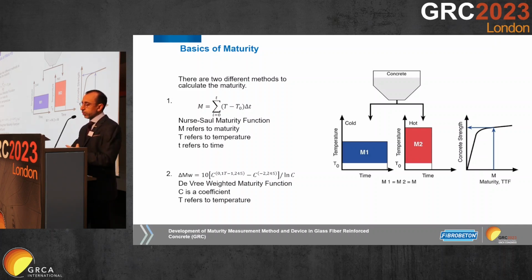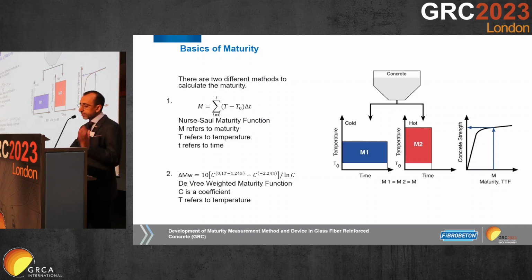There are two widely used methods to calculate the maturity index from the measured temperature history of the concrete. The first method is known as the Nurse-Saul. Big M refers to maturity value, big T refers to temperature, and small t refers to time. So we have a maturity value and a formula between the delta T times the temperature changes.